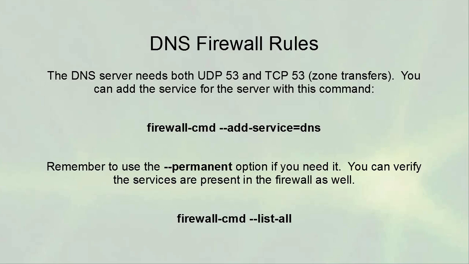If you want it to be permanent, you can do that same exact command with the --permanent option, and then it will put it into the configuration file, so the next time the firewall starts up, it will add that rule in there. You can verify whether the services are present in the firewall currently with the firewall-cmd --list-all command, and that will indicate whether or not it is in the firewall.